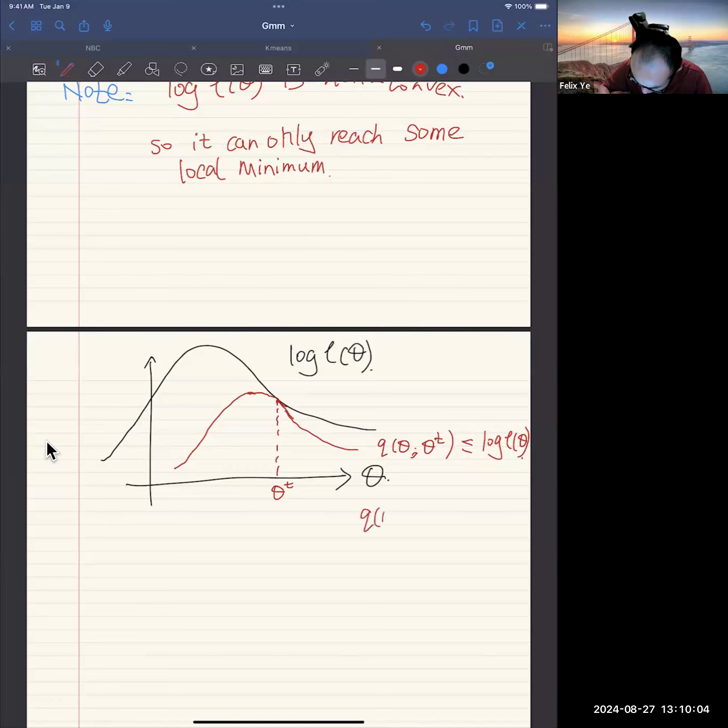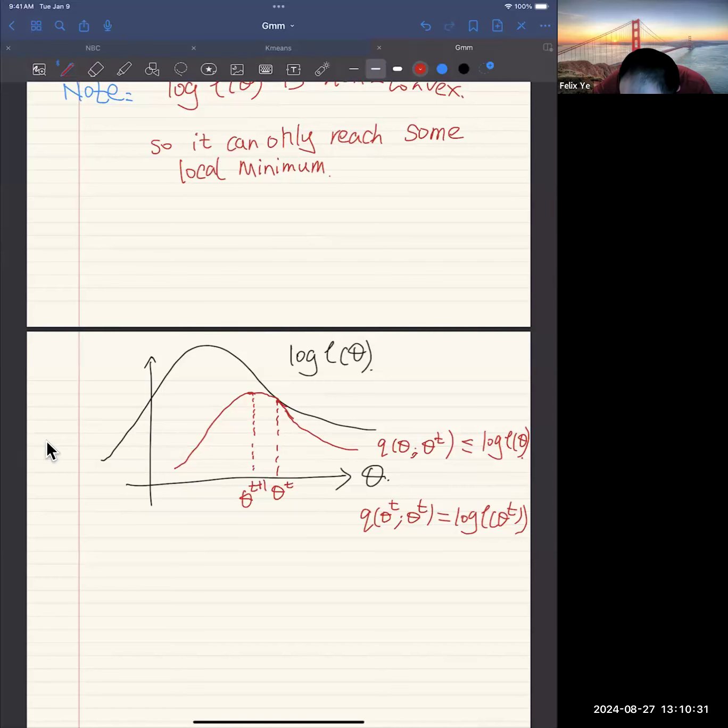And my Q of theta t and theta t is equal to the log likelihood at theta t. Also, if we try to maximize the function Q over theta right here, this will be my next step theta t plus 1.